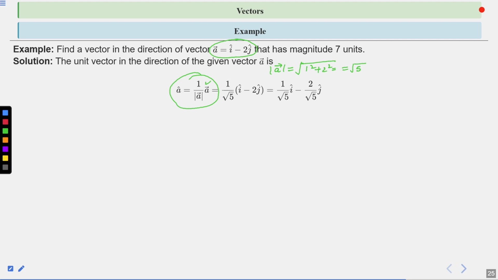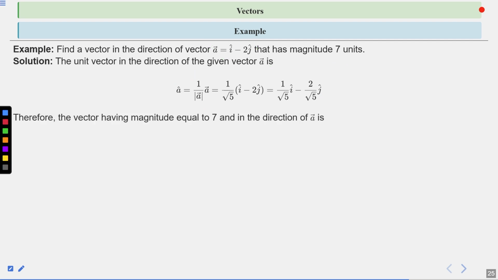In simple terms, 1 divided by root 5 i cap minus 2 divided by root 5 j cap. Therefore, the vector having magnitude equal to 7 in the direction of a cap is 7 divided by root 5 i cap plus minus 14 divided by root 5 j cap.